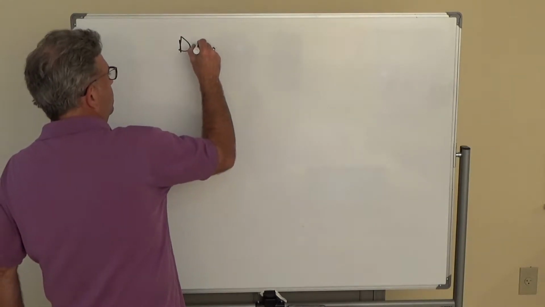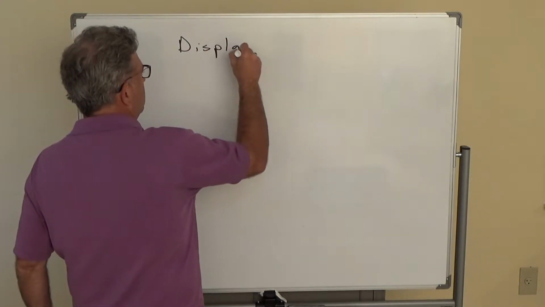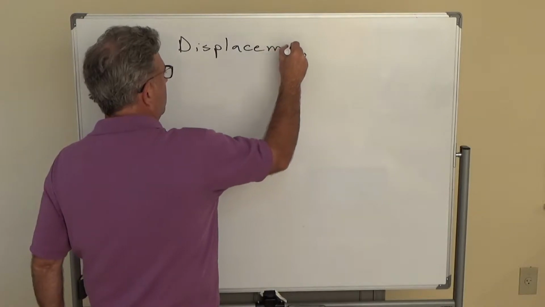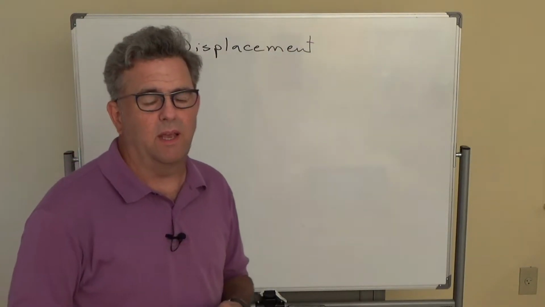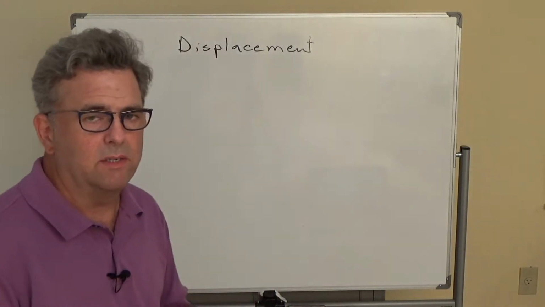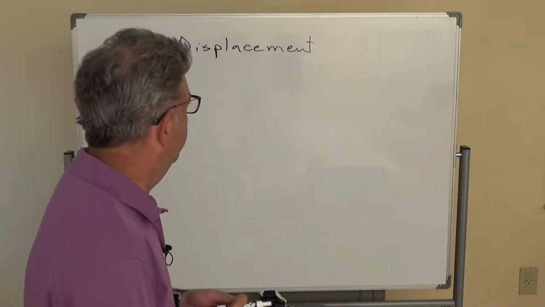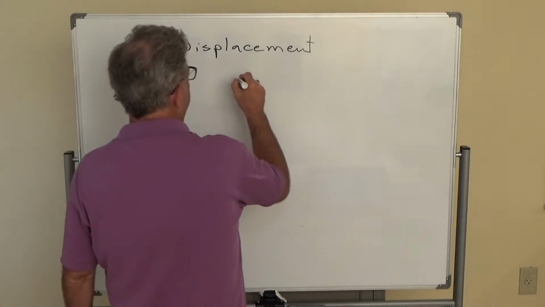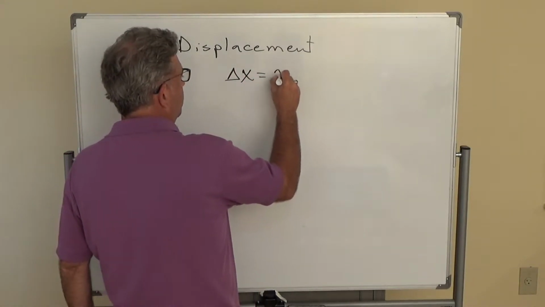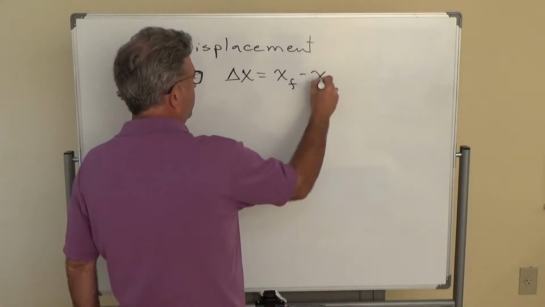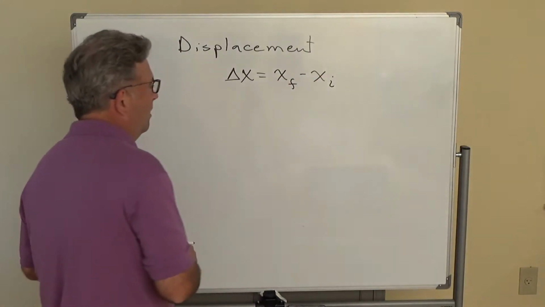Okay, we had the displacement. Displacement is a distance, and it's not only a distance, it's a distance in a particular direction. So if we write down, the displacement is delta x, which is equal to x final minus x initial, okay?